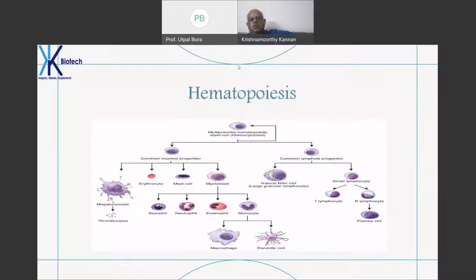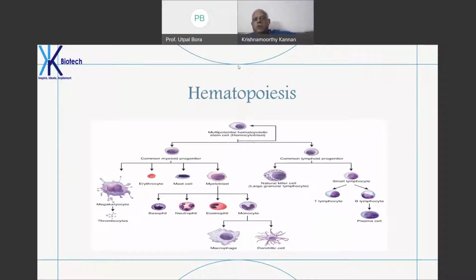And one of the most well studied is what we call blood cell formation. As you can see, this mother stem cell, about which I'll talk now, can create both myeloid progenitors and lymphoid, your innate immunity, etc.; all come from this mother one. So as you can see, it can produce megakaryocytes, thrombocytes, erythrocytes, neutrophils, basophils, eosinophils, monocytes, a whole lot of things, T lymphocytes, B lymphocytes.